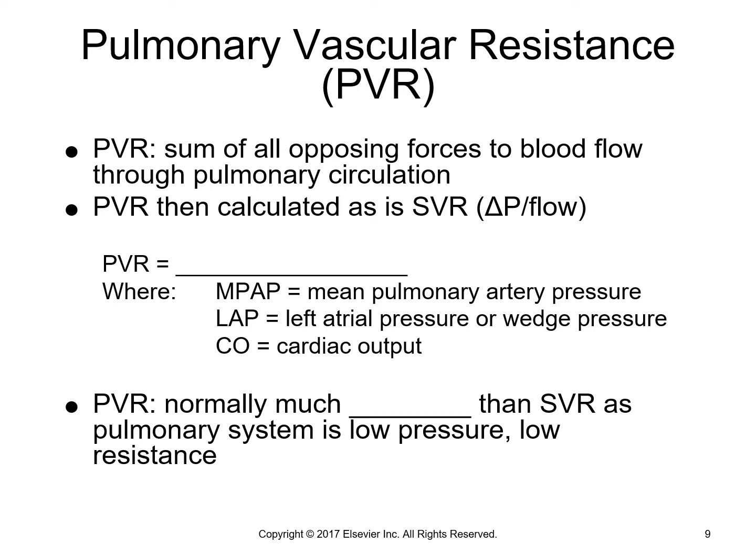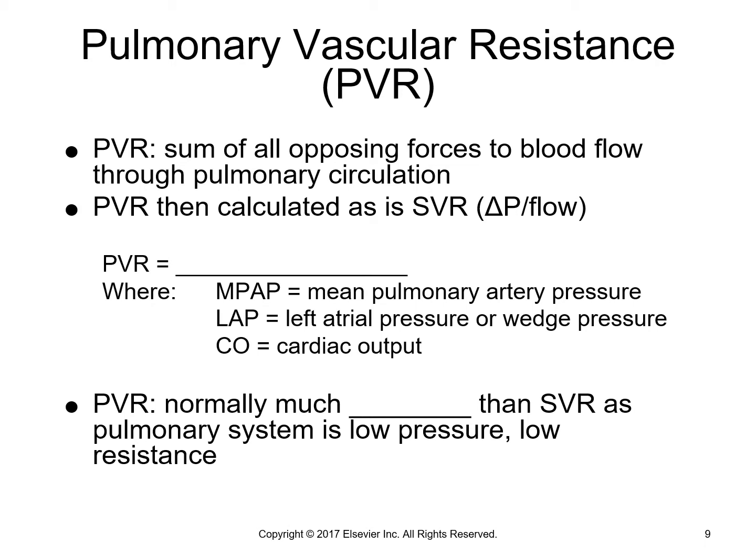This time you are looking at, again, the change in pressure divided by flow, because that's how you're calculating resistance, but you're using your mean pulmonary artery pressure minus your left atrial pressure, and then dividing that by your cardiac output. So you have your MPAP minus your LAP, and then a line with cardiac output below the line.